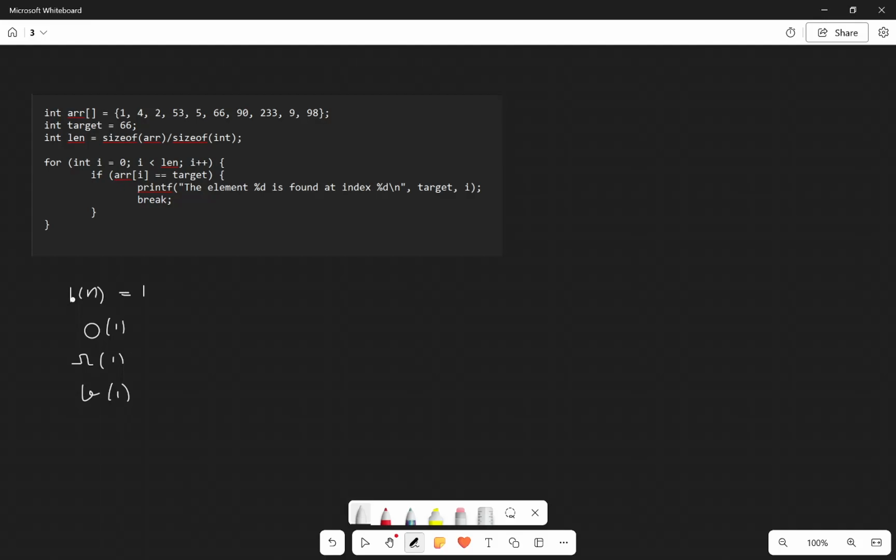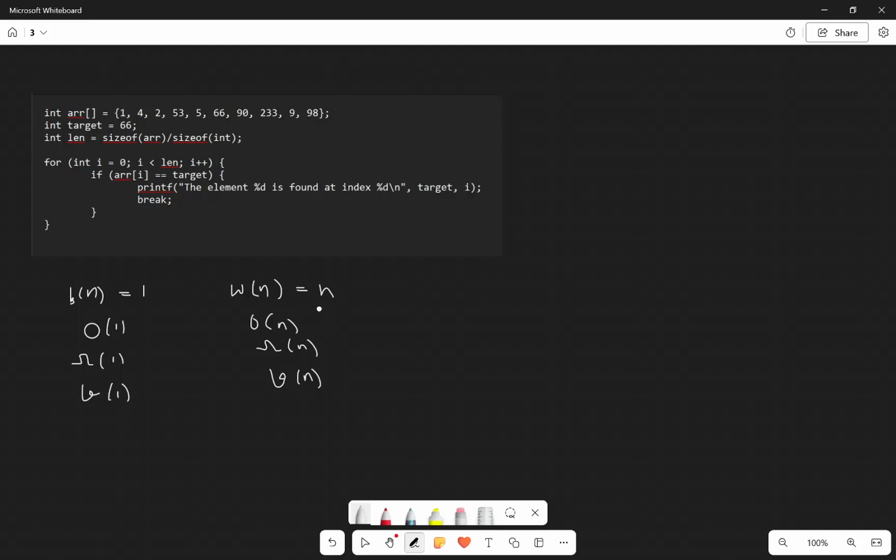And then the worst case, the function is n, and therefore big O of n, omega of n, and theta of n. So these are the best case and the worst case scenarios.